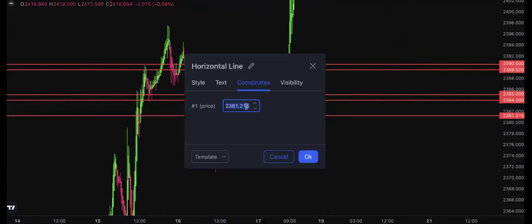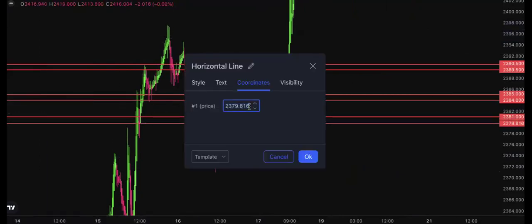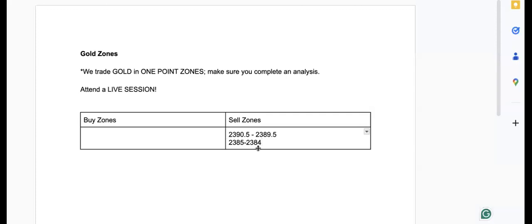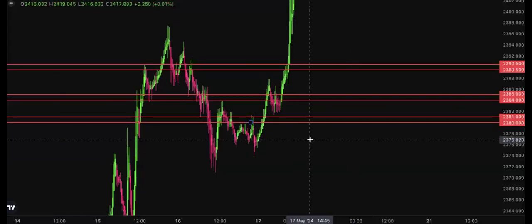So this is at about, I'm going to drop that to 2381 to 2380. Okay. So this is where I'm going to be looking. 2381 to 2380.